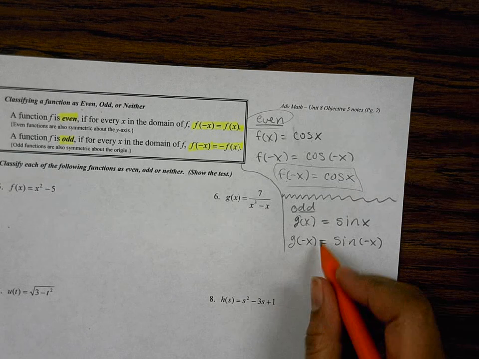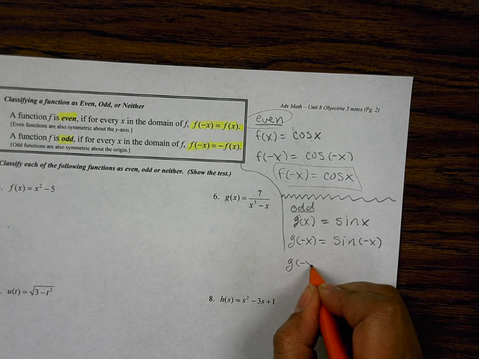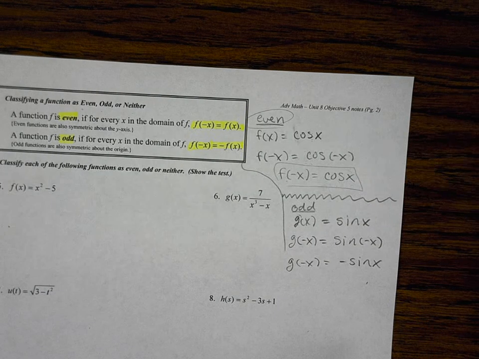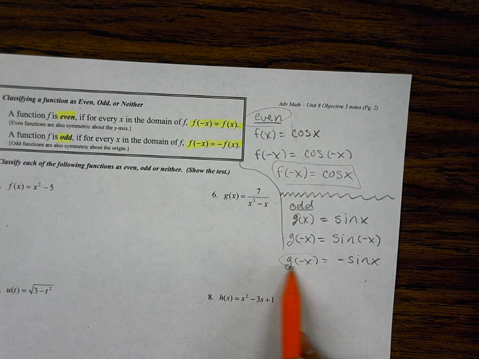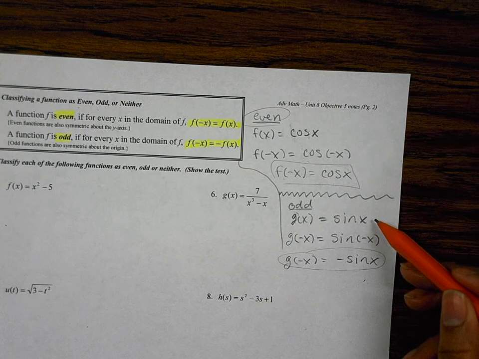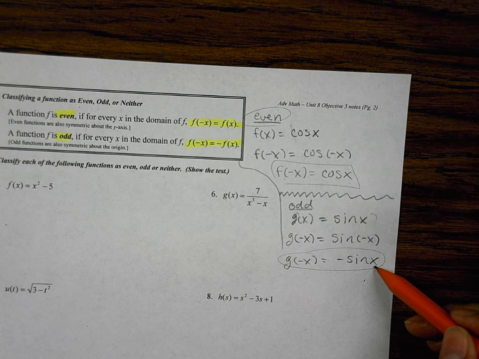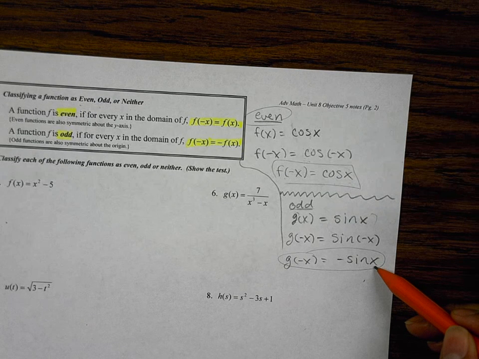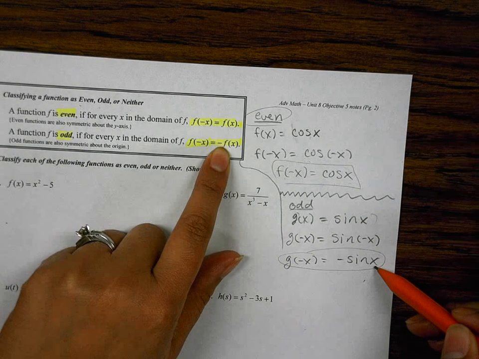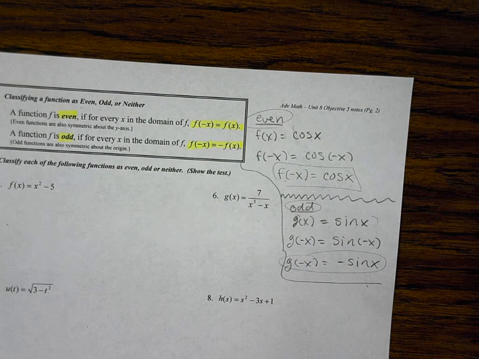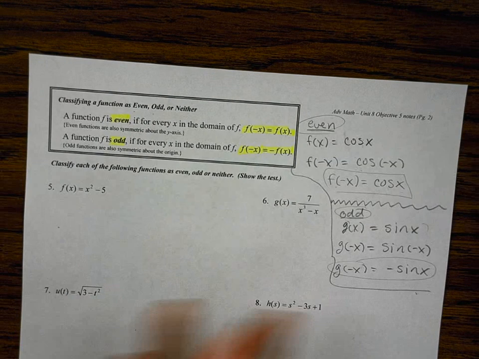And what did the sine function do with the negative? Did it absorb or kick it to the front? It kicked it to the front. So you can see g of -x, did it equal the original function or the opposite of the original function? Here's the original. Here's what it equals now. So it's not the original, it's the opposite. It's the opposite of the original, so we call that odd.